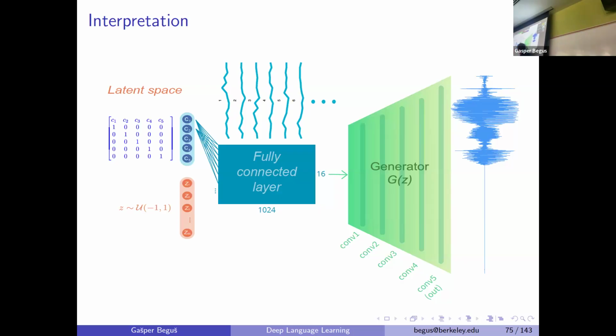Actually, in Bruno's paper, we have evidence that articulation happens here, stuff like that. I'm not talking about motor planning yet, because we get to this in the second part of the class. We'll talk about articulation.